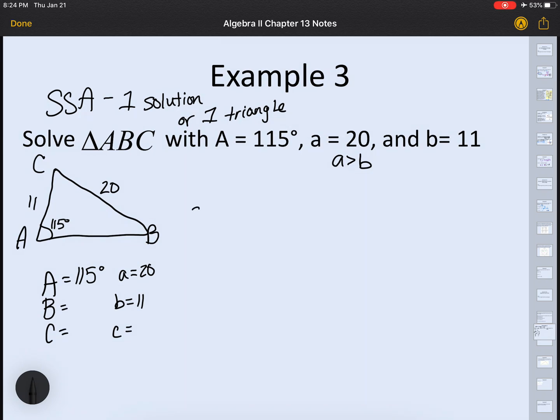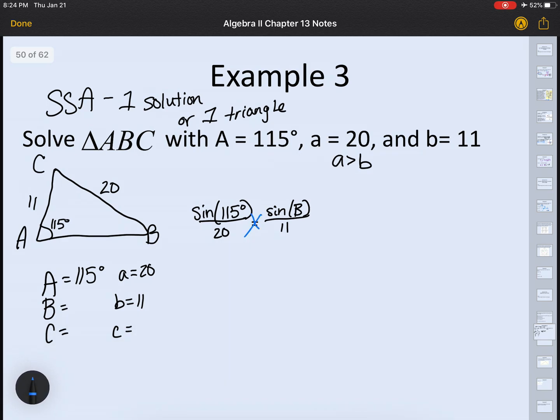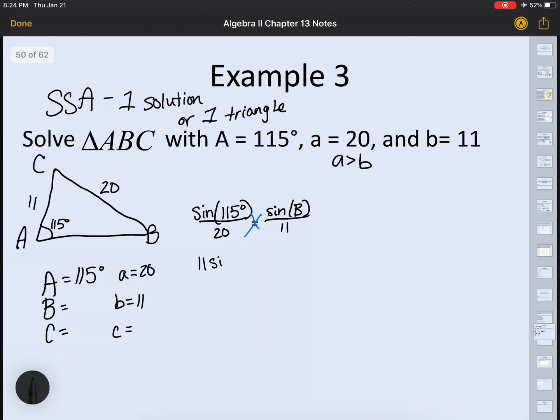So let's do sine of angle A, which we know is 115 degrees, all over side length a, which is 20, equals sine of angle B all over side length b, which is 11. Again, this is a proportion, so we can cross multiply. So we got 11 sine of 115, sorry, equal to 20 sine B.